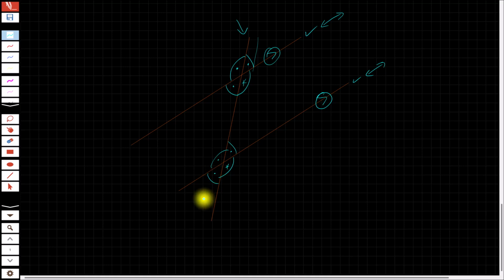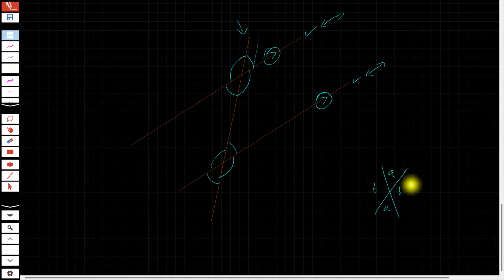There are other ways we can solve for these missing angles as well. We can use some rules. If we have two lines, we have the point they cross here. The angle here is always the same as the angle here, and the angle here is always the same as the angle there.